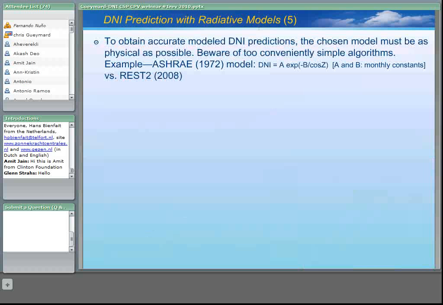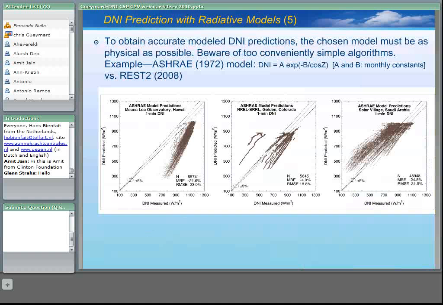So after a lot of years of experience, I would say that to obtain accurate model DNI predictions, the chosen model must be as physical as possible. We have to be very careful about empirical methods or too simple algorithms. An example is the old ASHRAE model. It was published in 1972, but it's still used by many engineers, and especially in the building, energy, and simulation applications.